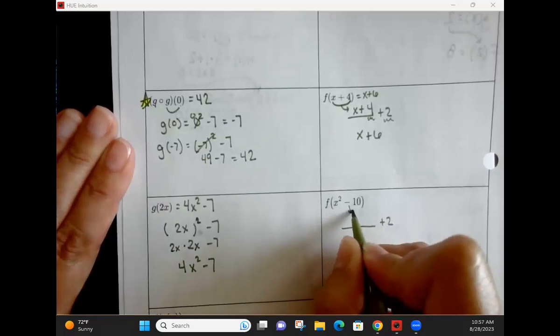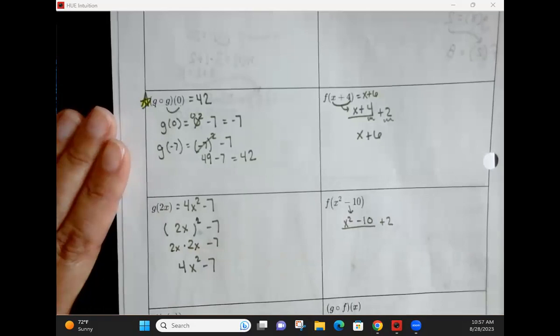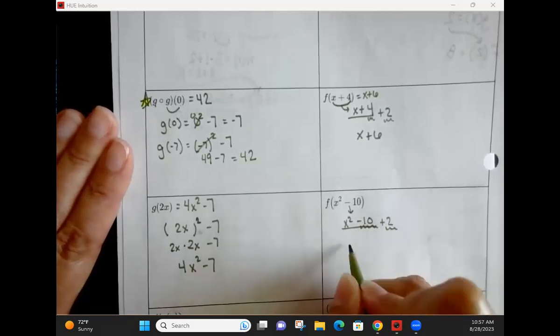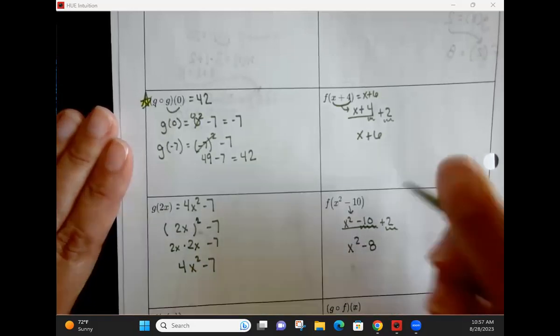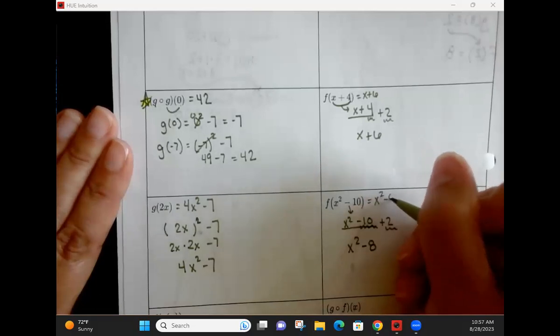And we're going to fill this x squared minus 10 in that spot that x was. And now we combine any like terms. So I've got minus 10 plus 2. We can combine those, and we get x squared minus 8. So f of x squared minus 10 gives me x squared minus 8.